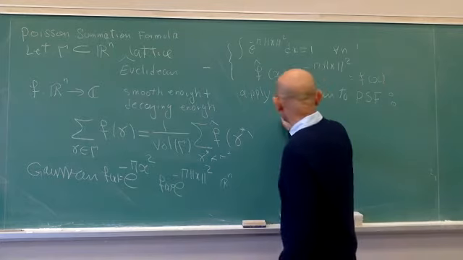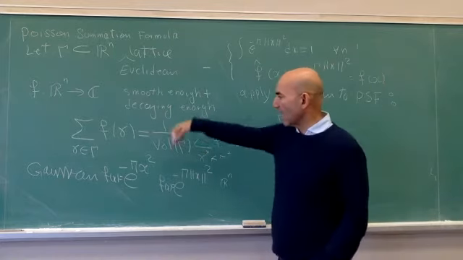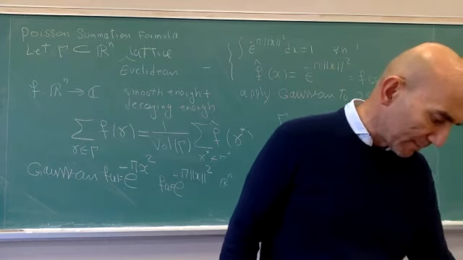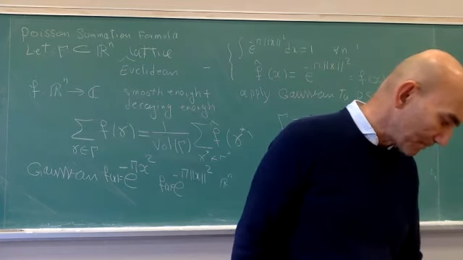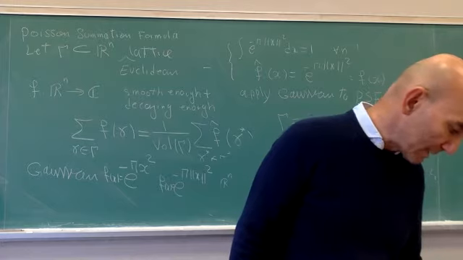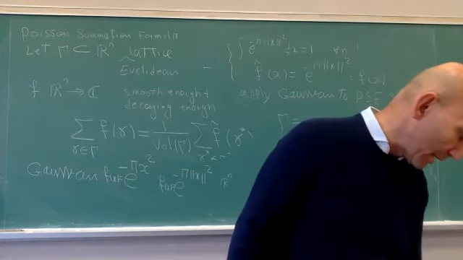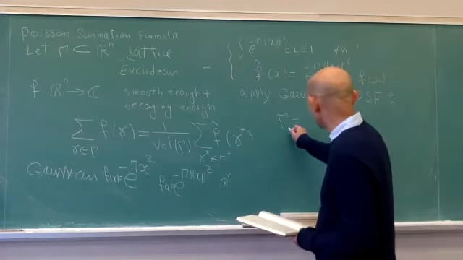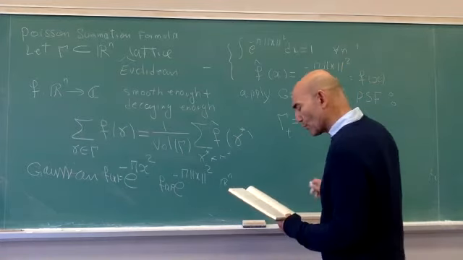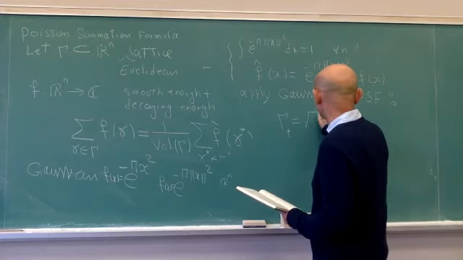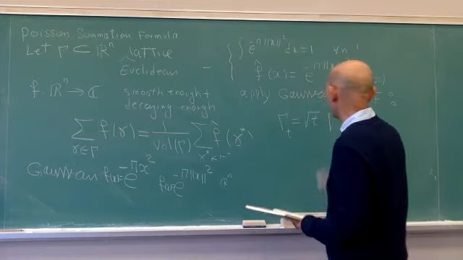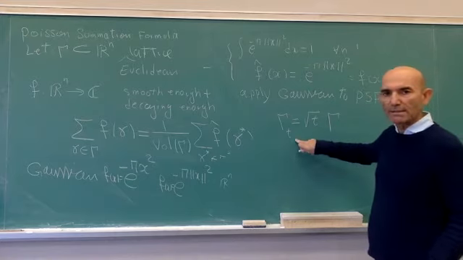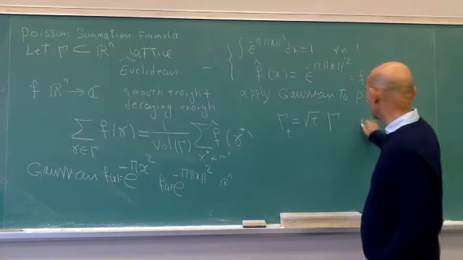Okay, fix a lattice, and then I'm going to apply this to a family of lattices like this. So the lattices you want to take are gamma t equal to root t times gamma. Take any lattice you want, and then form this new lattice, gamma t equal to root t times gamma, t positive.